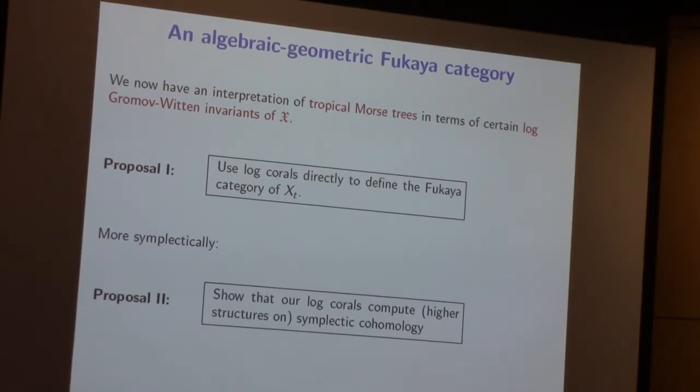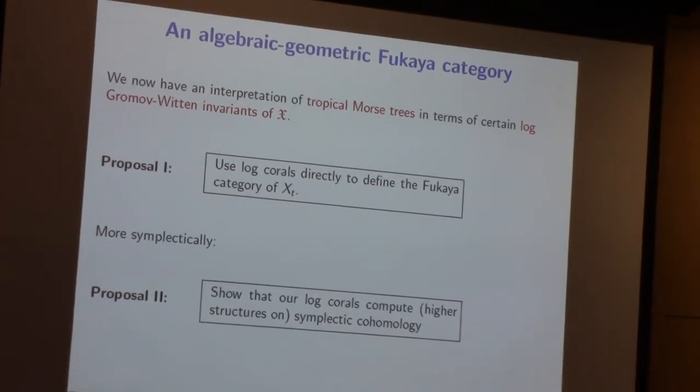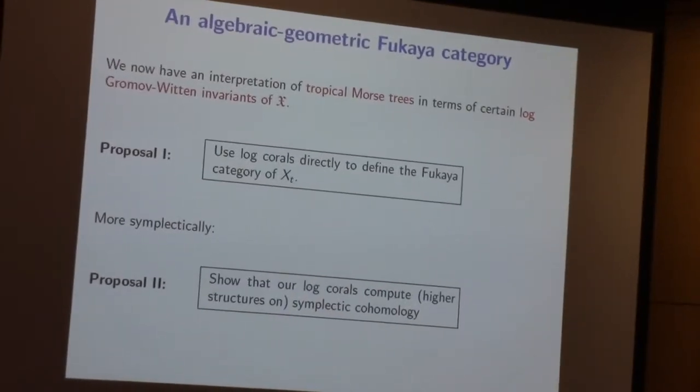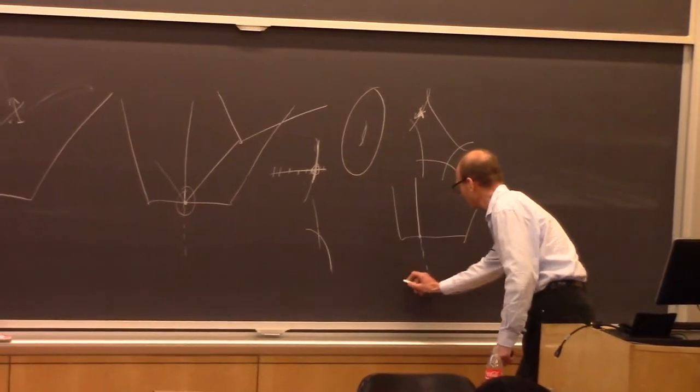But then maybe I'm still too much a symplectic geometer to not care about the symplectic side. And I think one of course wants to make contact to the symplectic side, and go back to Mohammed's proposal and show that our log curves indeed compute, well, higher structures on symplectic cohomology. Yeah, so the silly structure would be this kind of log curve that's just a line. So for any point there's one unique line through the origin.